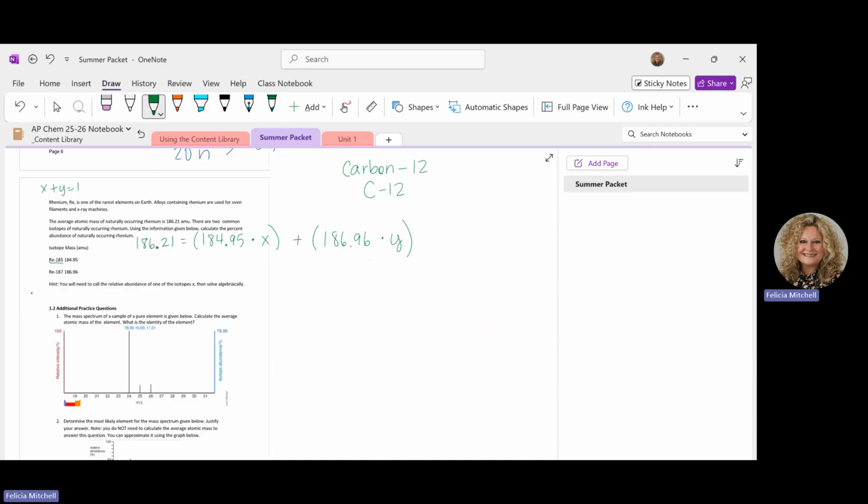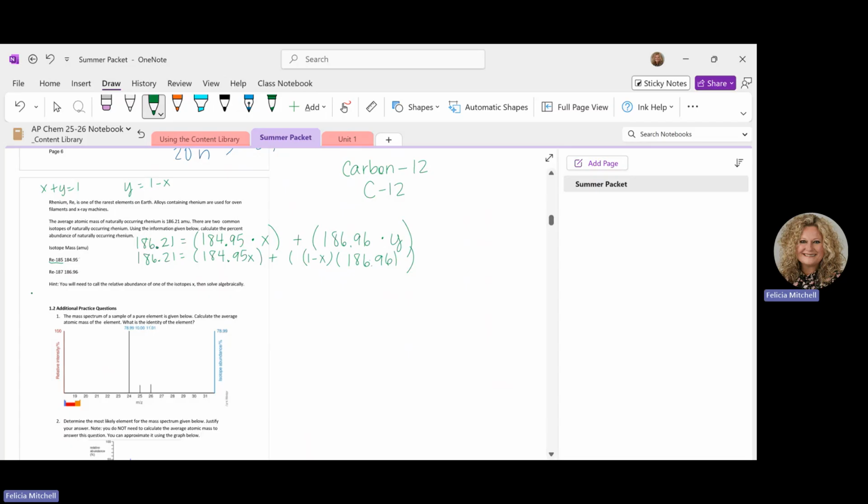So if you wanted to say y equals 1 minus x, okay? Then you could come down here and do this: 184.95 multiplied by x plus 1 minus x times 186.96.